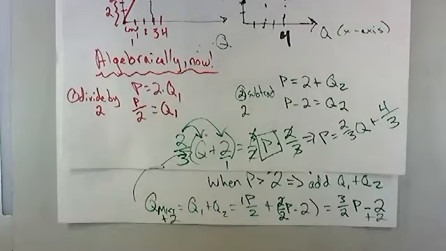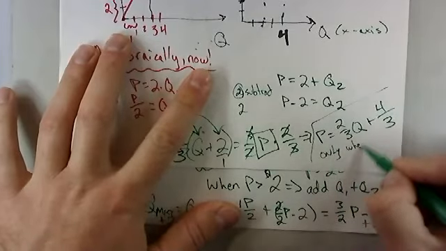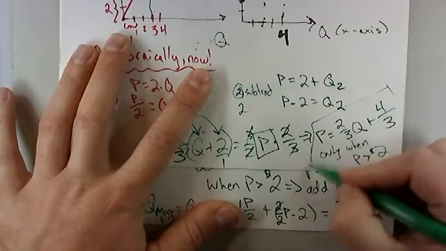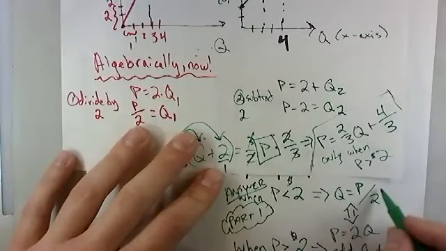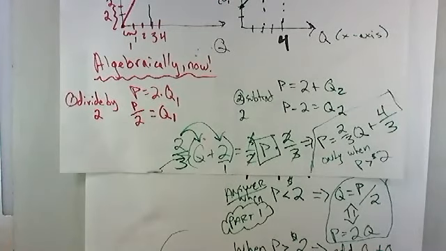So our total market supply ends up being 2 actual equations. Remember, this is only when the price is greater than $2, because if the price is not greater than $2, the only firm in the business is firm 1. Questions on that?